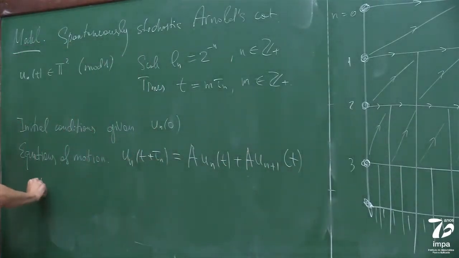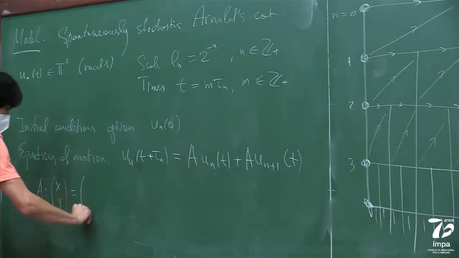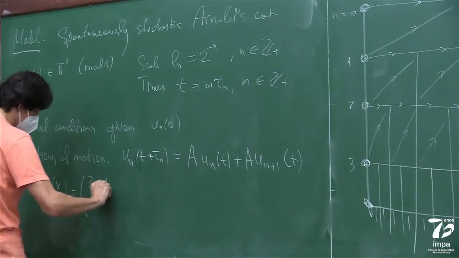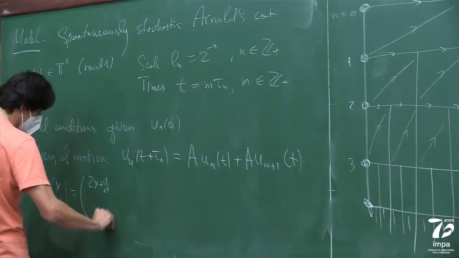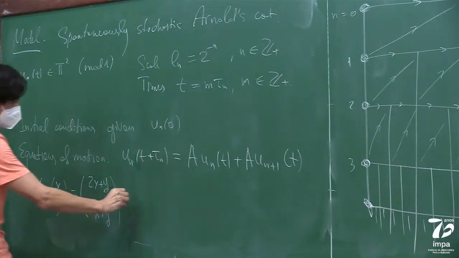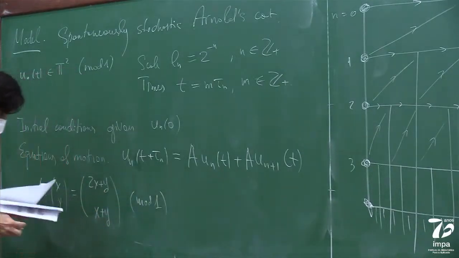So the Arnold cat map is a map which maps x, y to, I don't remember what it was, 2x plus y, x plus y, right? x plus y. And it's on a torus, so it's all modulo 1. Okay.